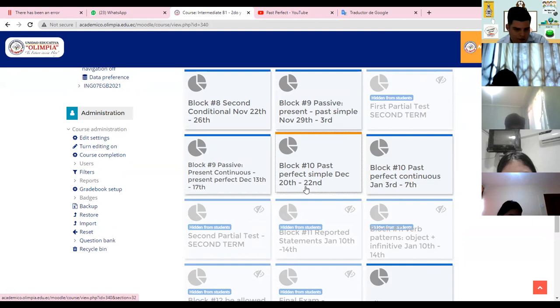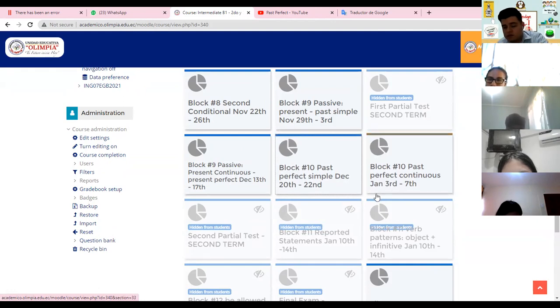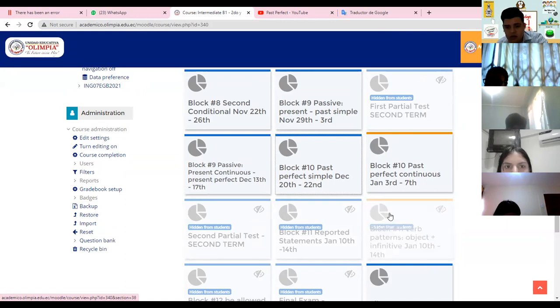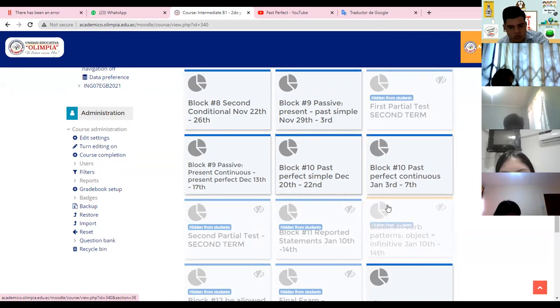Esta tarea la pasé a esta semana porque para esa fecha no se podían enviar tareas, ya que solo tuvimos un día de clase y las vacaciones se habían adelantado. Y la siguiente, pasado perfecto continuo, la vamos a ver el jueves también. Solo segundo bachillerato tiene tarea; tercero no tiene nada de tarea esta semana. ¿Ok?